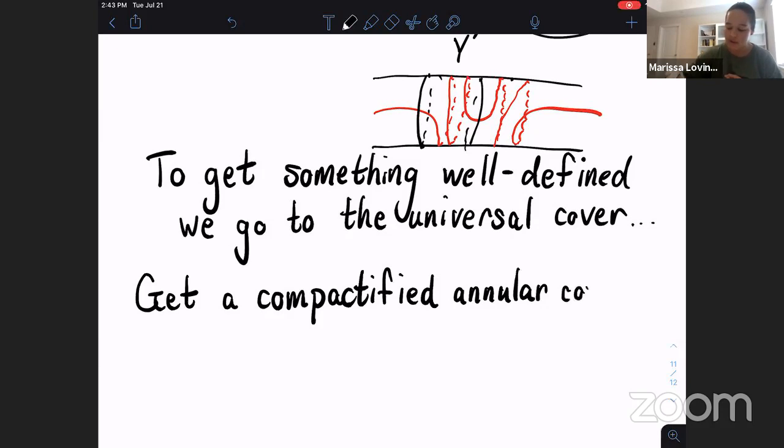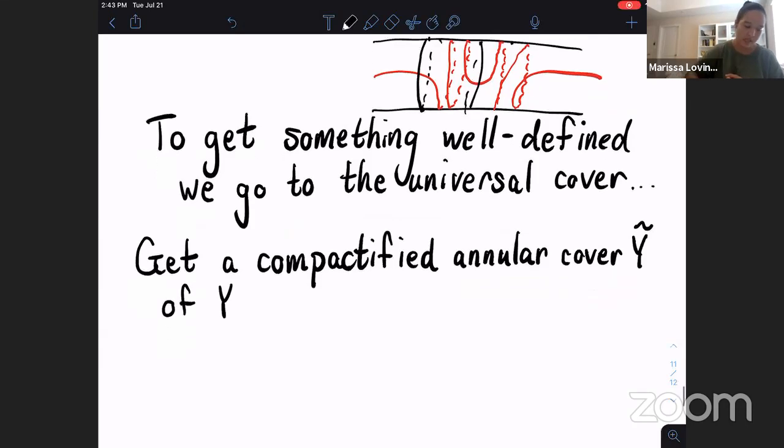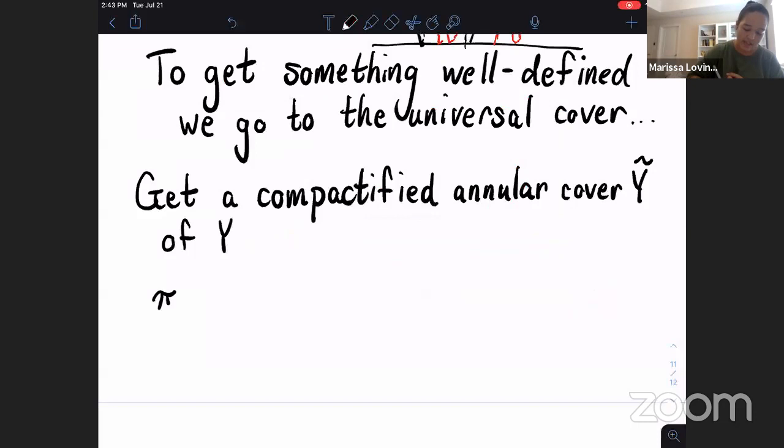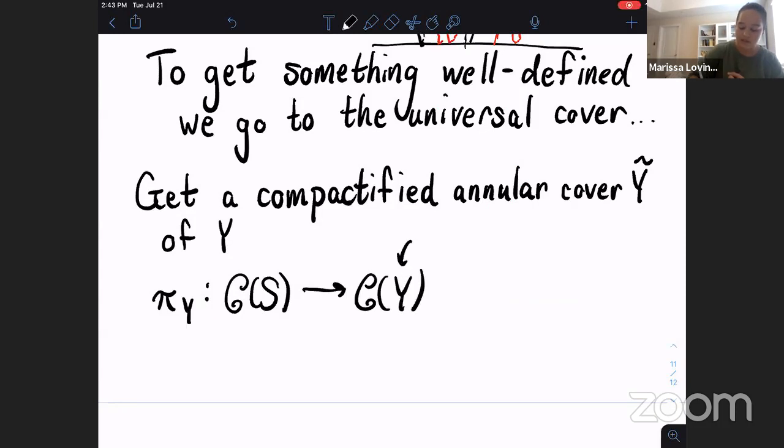So you get this compactified annular cover, which I'll call Y tilde of Y. And so then we can define this subsurface projection from C of S to C of Y, where we're thinking of this cover. And this is an annulus.